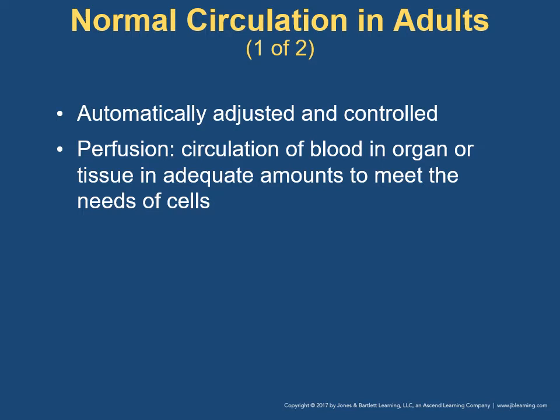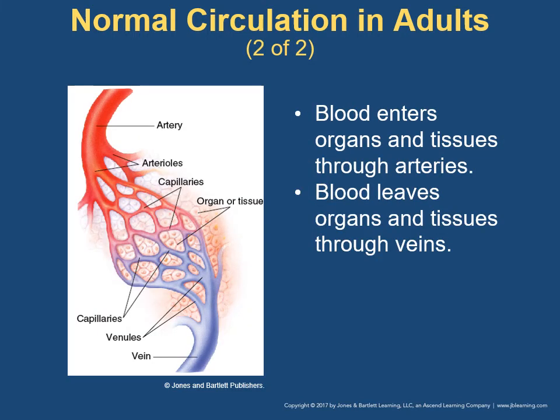So, blood enters organs and tissues through arteries and leaves through veins. This is that process here. Again, the artery, it's red, it is full of oxygen, and it enters into the organs and tissues through the arteries, and then it goes through all these little capillaries, and it does the gas exchange, and then it comes back out of the vein.